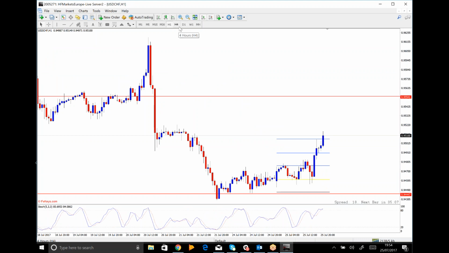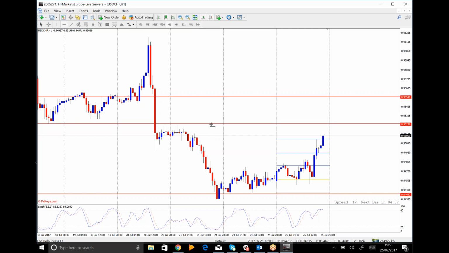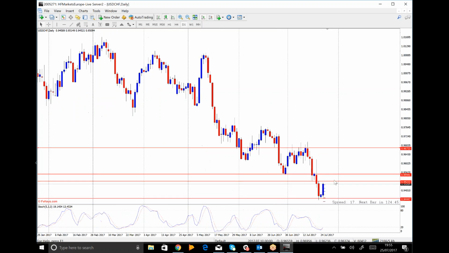Is it giving us a clear picture? I would still like prices to break this high before I decide what to do. I would still like the bears to score their points, break this high. I'm more willing to accept a sell here than I am here.